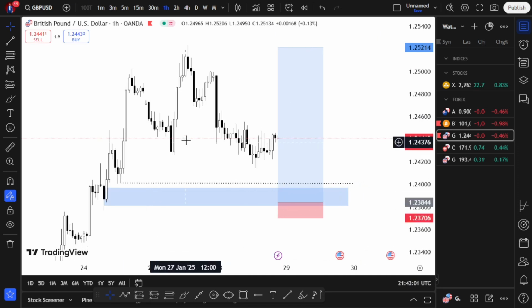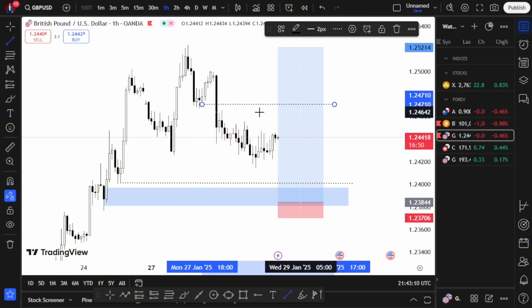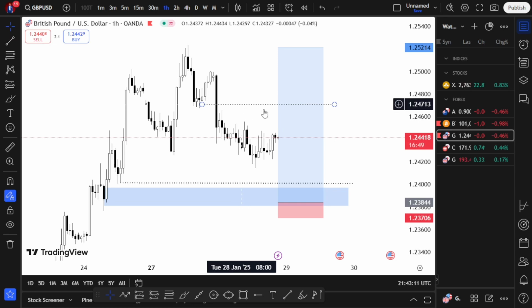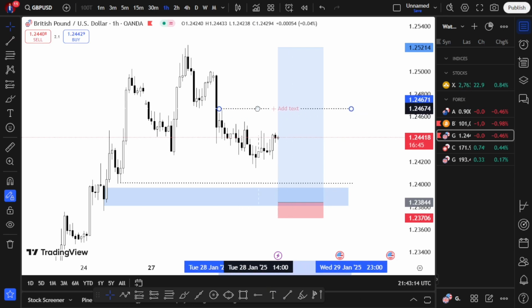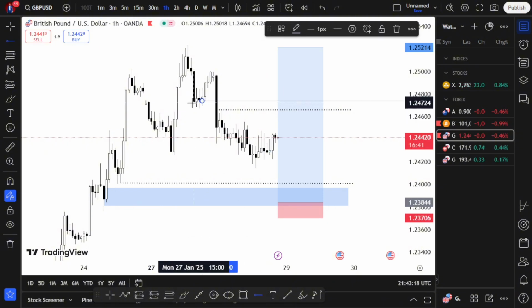There are two things that can happen. The scenario might be that it trades all the way to this area, takes the stop losses resting above that area and probably trades down. You understand?